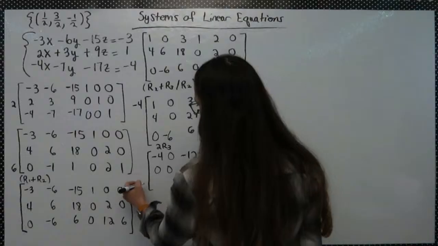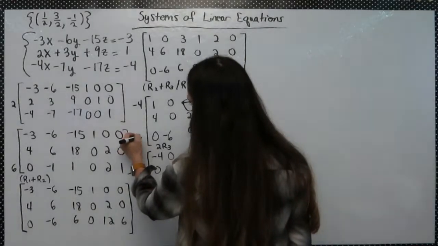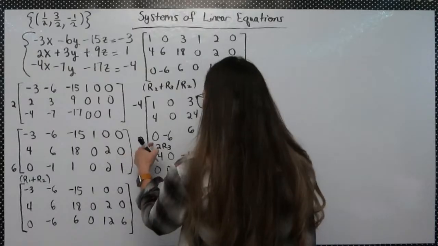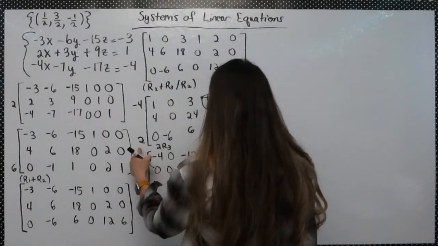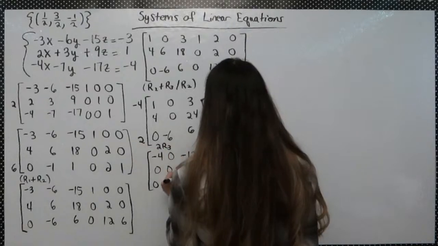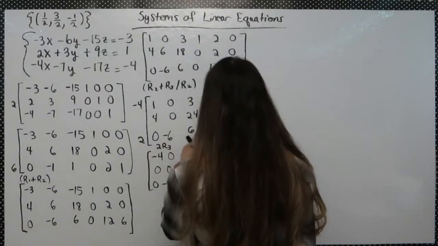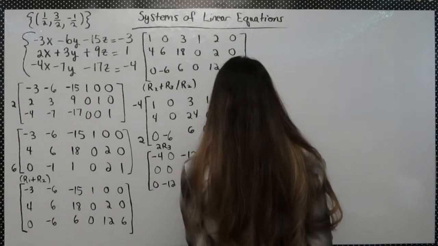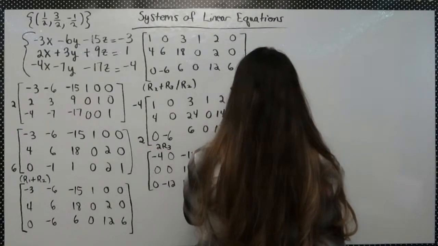So 0. We'll just do it there. It's fine. 2 times 0 is 0. 2 times a negative 6 is negative 12. 2 times 6 is positive 12. 2 times 0 is 0. 2 times 12 is 24. 2 times 6 is 12.